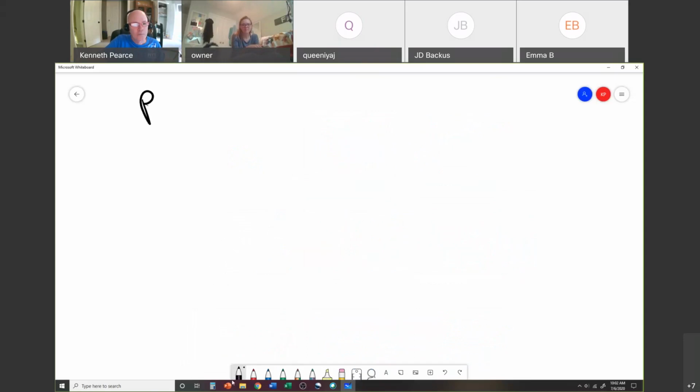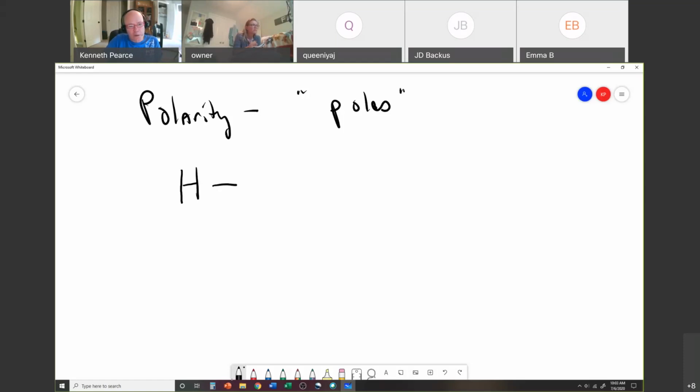Okay, polarity literally means poles. We have poles, okay? And so let's take a look at the classic example, which is hydrogen with fluorine, HF. All right, this is a molecule. We have hydrogen bonded with fluorine.